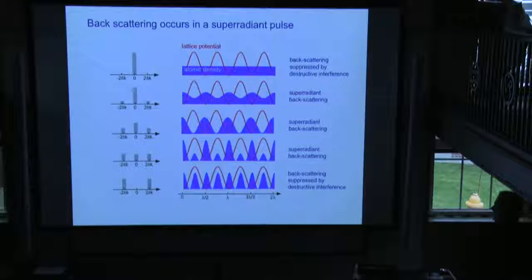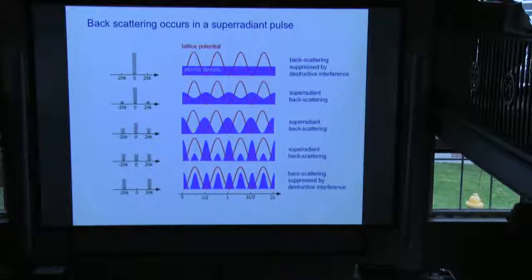And as soon as that is there, scattering is constructive from every lattice site, and in an exponential way, a pulse of light appears in the cavity. And that can go on.